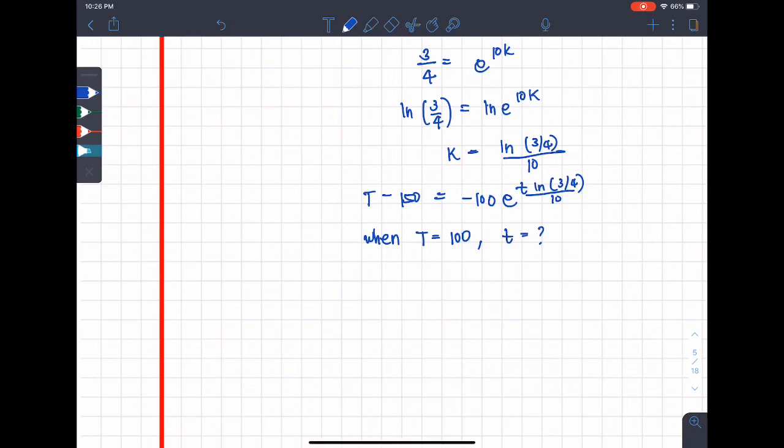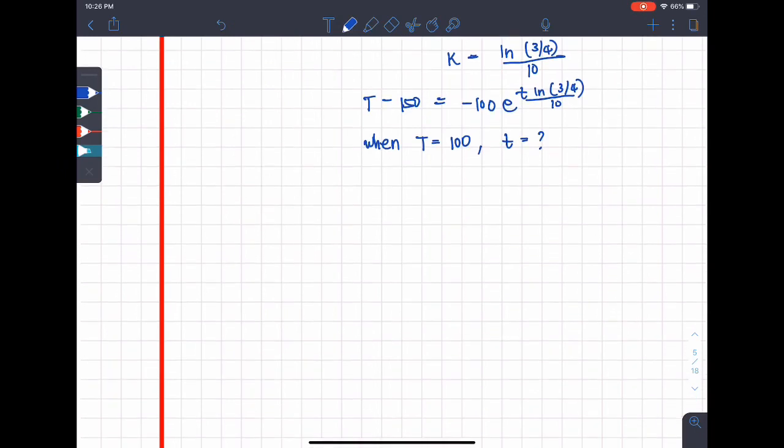We're expecting it to be greater than 10. So let's solve it. 100 minus 150 is equal to negative 100 e raised to T ln of 3/4 all over 10.